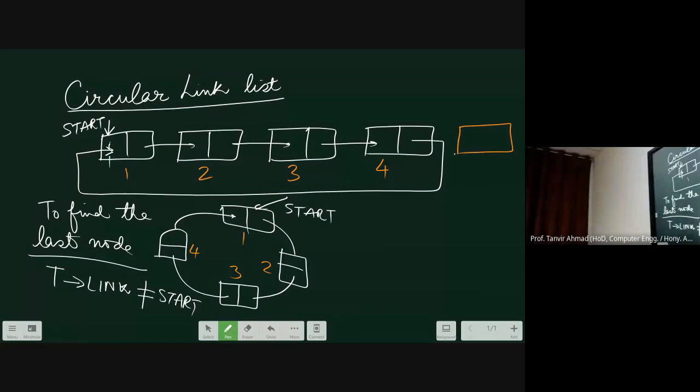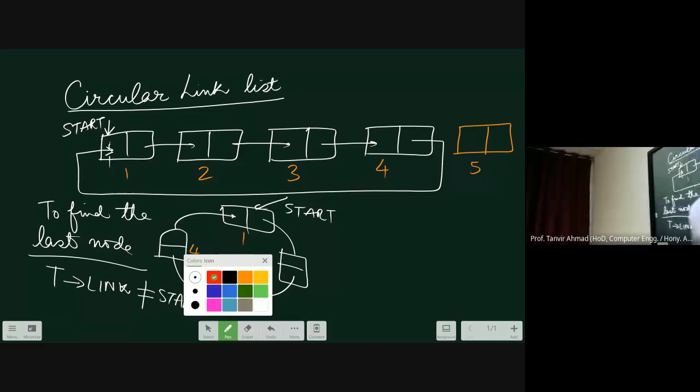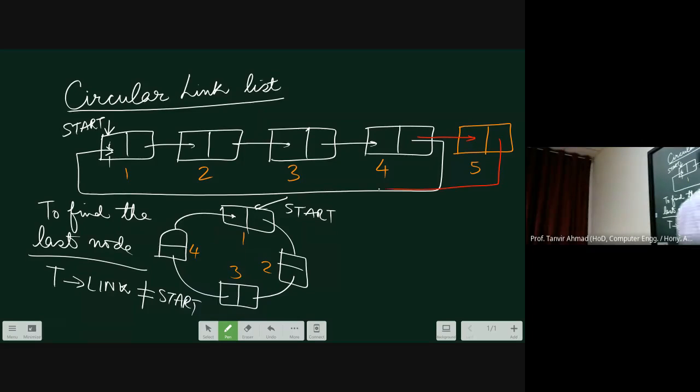Suppose I want to insert at the last, it will be inserted at the fifth position. To do that, you have to make the link like this, and then this link has to be deleted. This is how you insert a node.